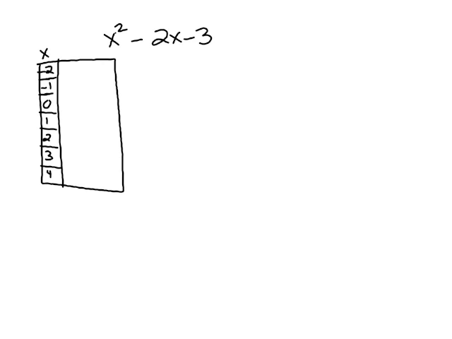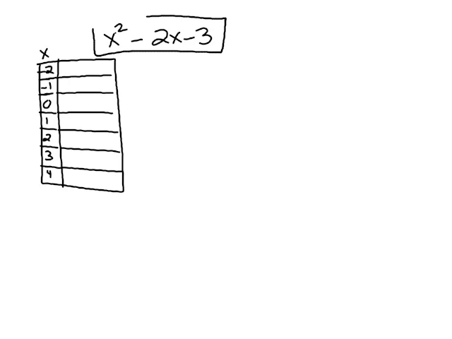So x, they want me to solve for each of those. So let's start with -2 first. Here's the expression I'm going to use for every single one. So negative 2 in parentheses. Okay, so put in my set of brackets, (-2) squared minus 2 times (-2) minus 3.